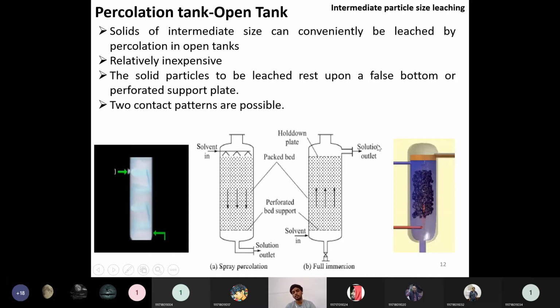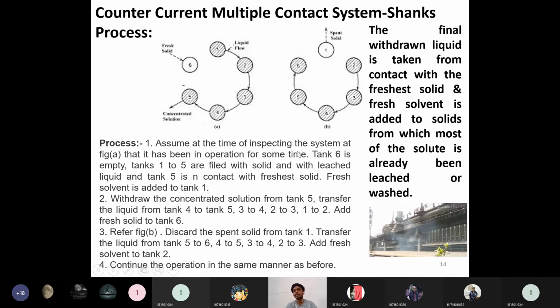In order to lower this probability of weak solution, what we can do, instead of changing these solids from one tank to another tank, is arrange a series of tanks. This is the Shanks process, where we arrange these tanks in a counter current fashion. It need not be the same as this circular fashion.